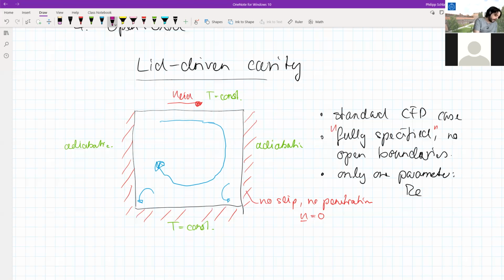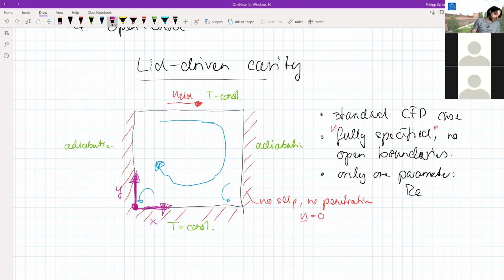The first step would be, well, let's define a coordinate system. I put the origin of the system down here, and I will have a coordinate system that may look like this. So I have X and I have Y this way. That would define my coordinate system.